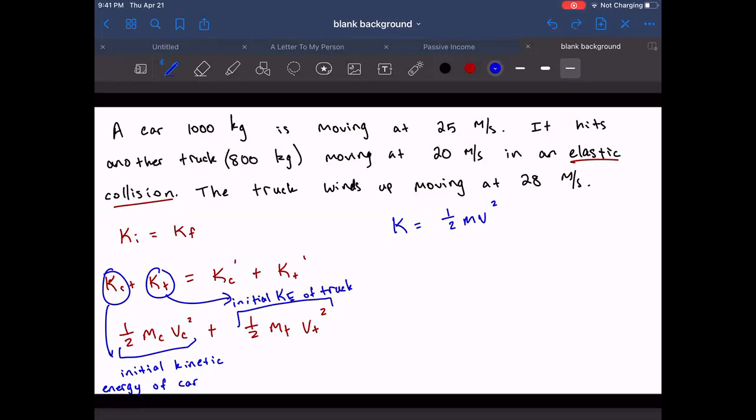And then what is this thing equal to? Well, it's equal to that. So then we can say, okay, 1/2 MC VC prime squared plus 1/2 MT VT prime squared, where, of course, this is the final, this is the keyword, final KE of car.